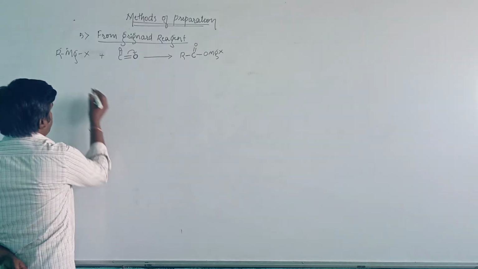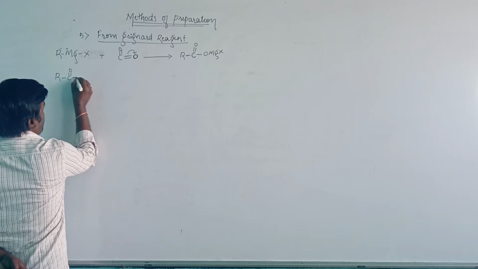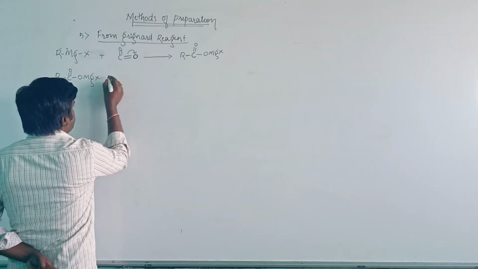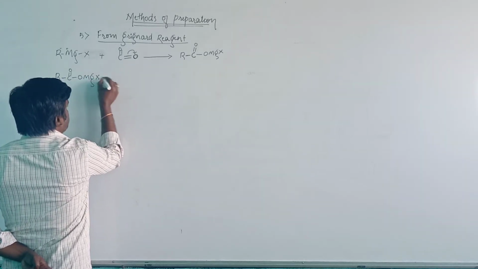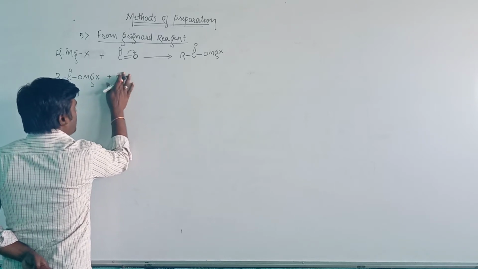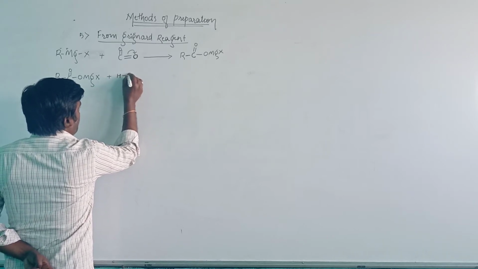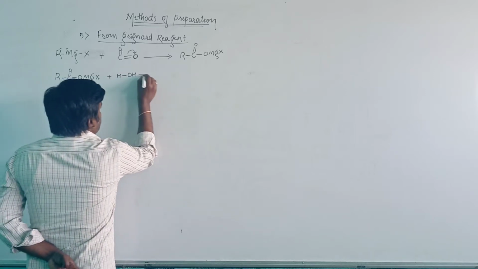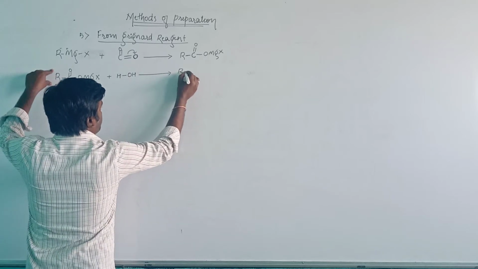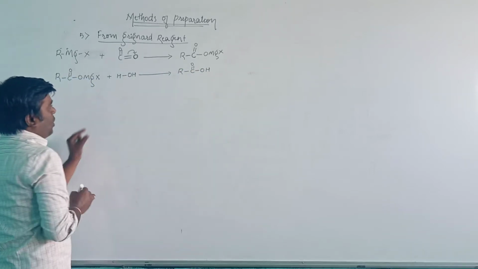The addition product, RC double bond O, OMgX, on hydrolysis, we can represent with H and OH, will produce R C double bond O OH, that is carboxylic acid.